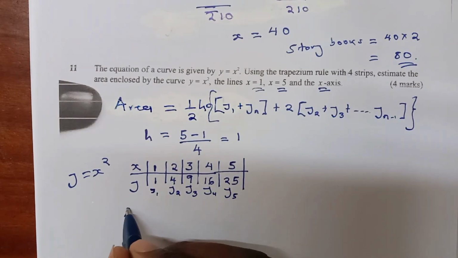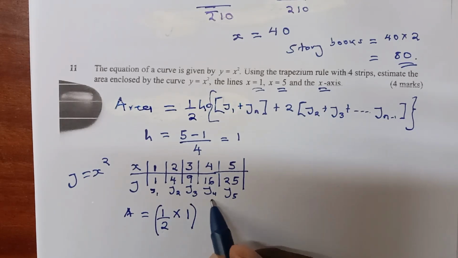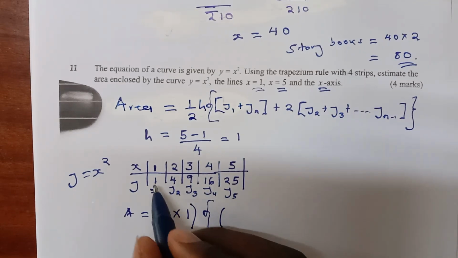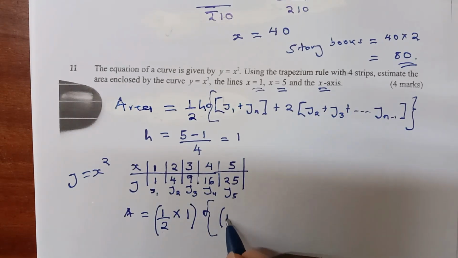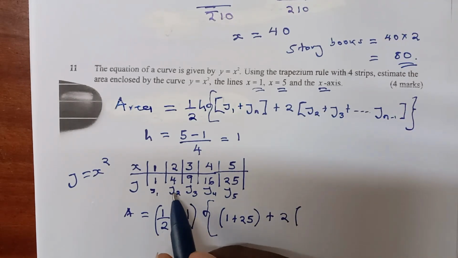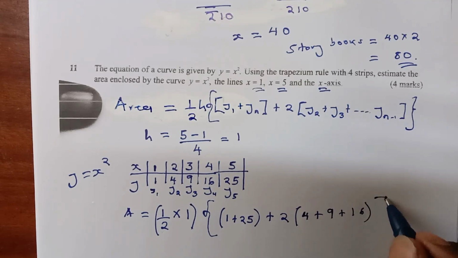The area is going to be a half multiplied by h, which is the width of the trapeziums, multiplied by, in brackets, y1 plus yn, that is 1 plus 25, then plus 2, multiplied by the addition of the remaining lengths, y2, y3, and y4, that is 4 plus 9 plus 16, and close all of them.